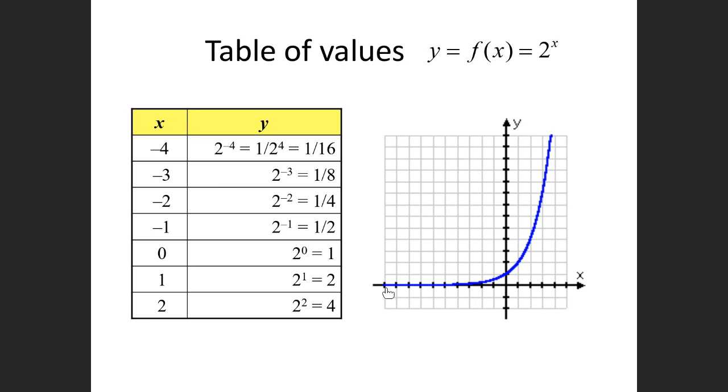We can also see the range very clearly. Our graph doesn't cross the x-axis. It's all above the x-axis, so we have only positive values. So our range in interval notation is from 0, not including 0, all the way up to +infinity.